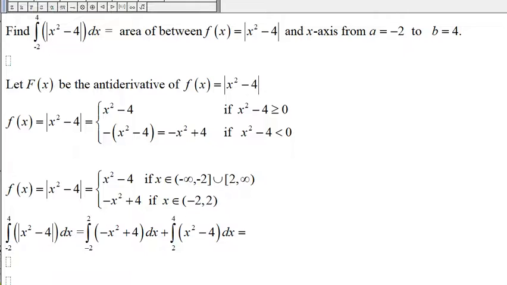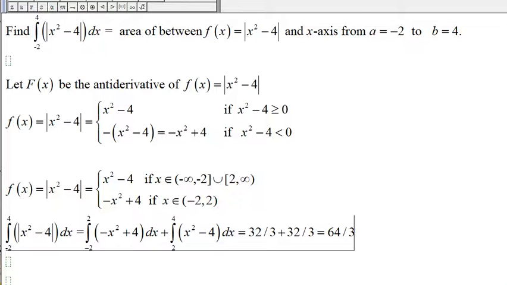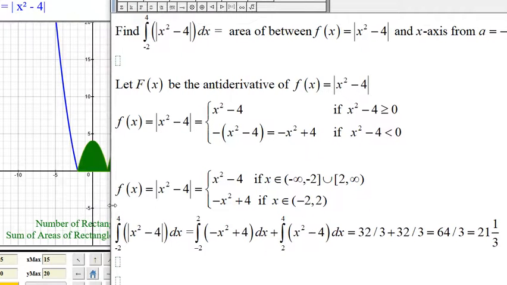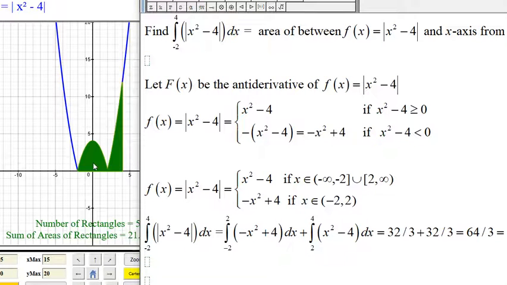And so the first integral is 32 thirds, and the second integral is 32 thirds. And so this becomes 64 thirds, or 21 and 1/3. The area of this region is 32 thirds, and the area of this region is also 32 thirds, and so together it is 64 thirds, or 21 and 1/3.